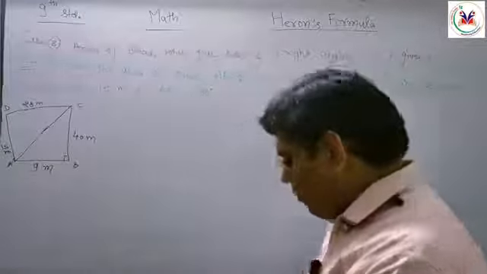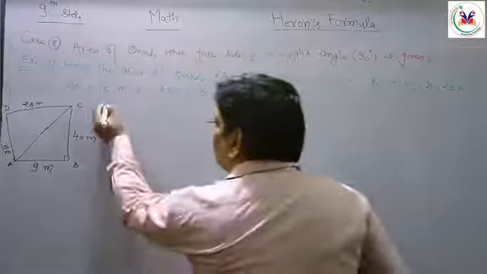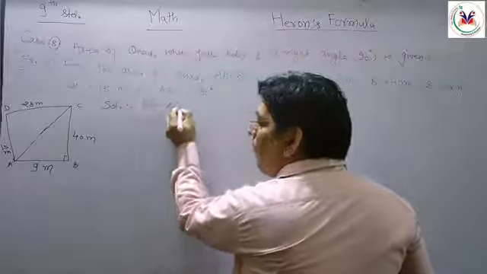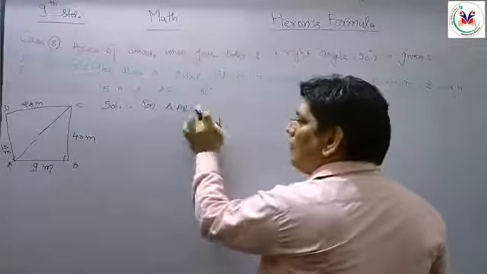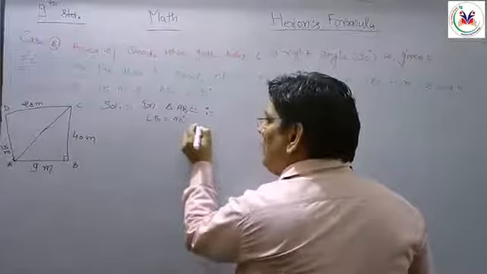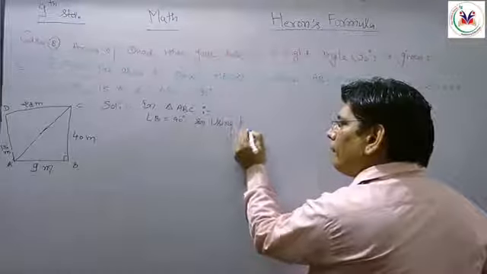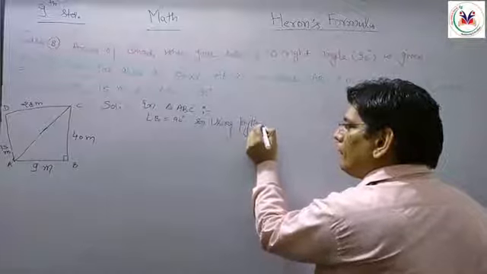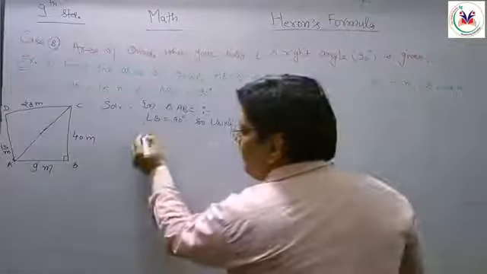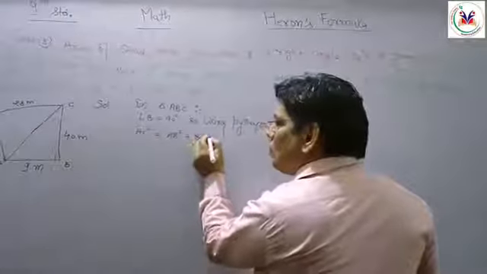So first of all, when we are going to solve, we just write in triangle ABC, angle B equals 90 degree. So using Pythagoras theorem, we can say that AC square equals AB square plus BC square.